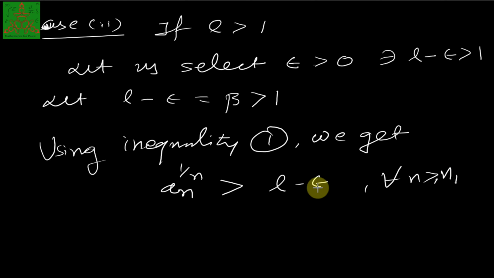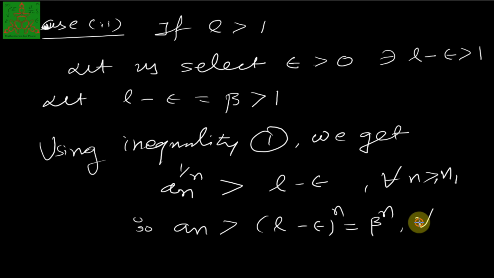If I take the power n on both sides, this gives me an greater than L minus epsilon power n, which is nothing but beta power n for every n greater than or equal to n1. Now this summation of beta power n is a divergent geometric series because the common ratio beta is greater than 1, and therefore by comparison test its bigger series is also divergent.